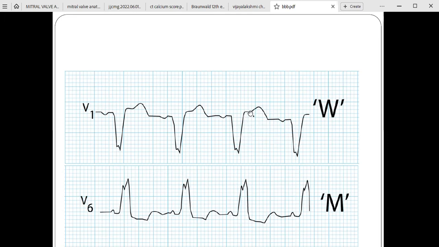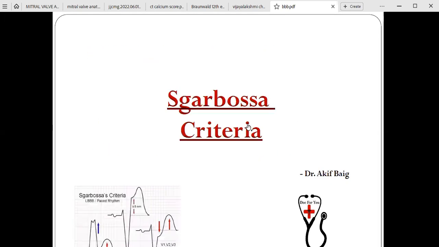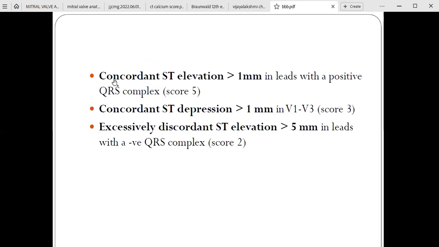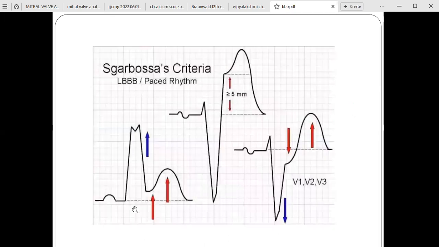So you may see ST elevation here. This ST elevation is not significant. It is considered significant by a criteria called the Sgarbossa criteria. The Sgarbossa criteria means concordant ST elevation of more than 1 mm. Concordant ST elevation means that wherever there is a positive QRS, normally in LBBB there should be ST depression and T inversion.